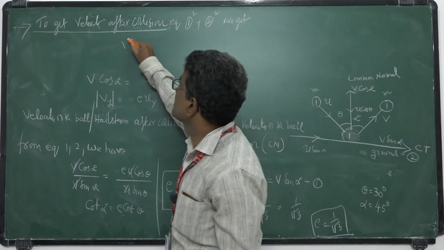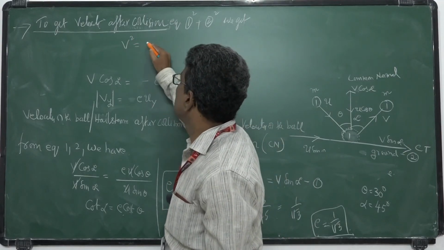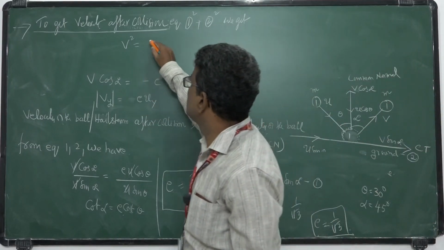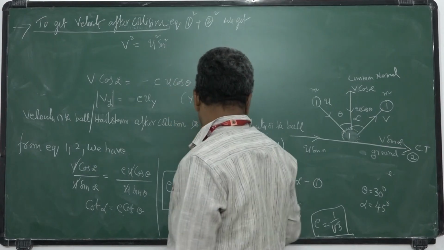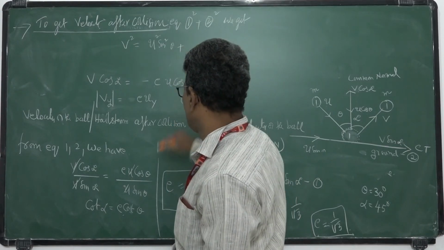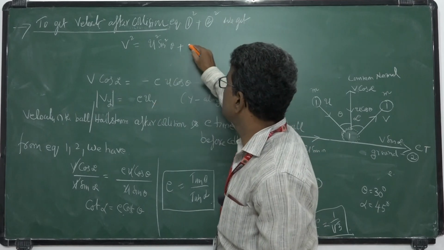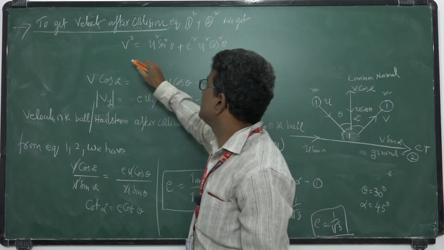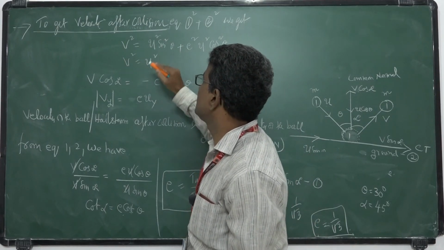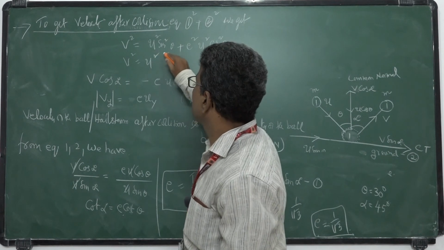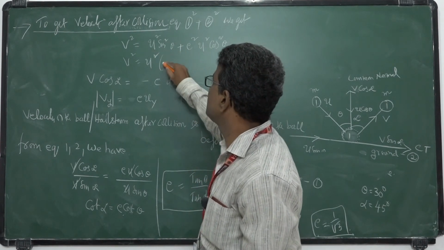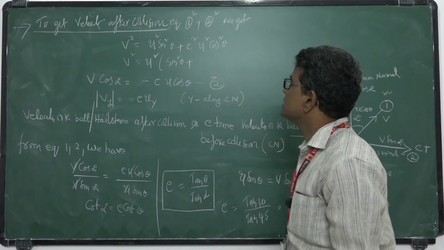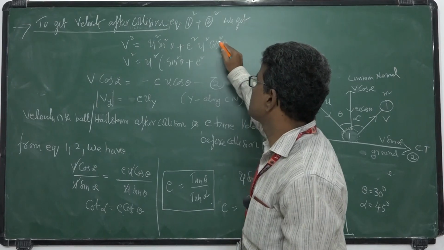So you will get V square is equal to, on the right-hand side, U square sin square theta plus, squaring this one, e square U square cos square theta.